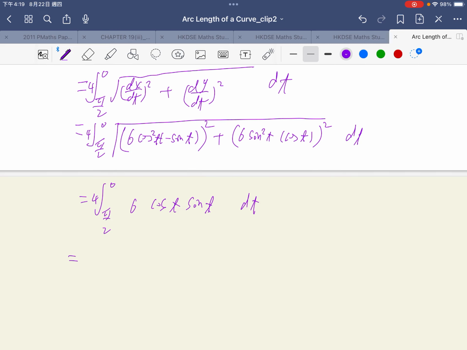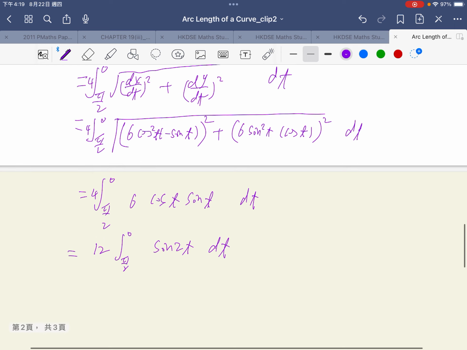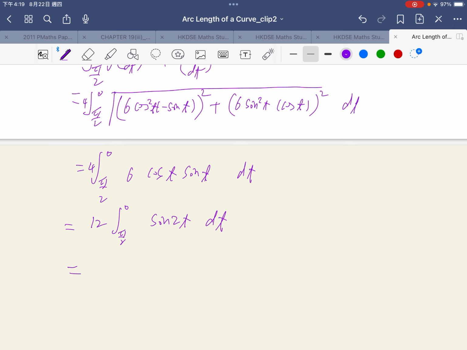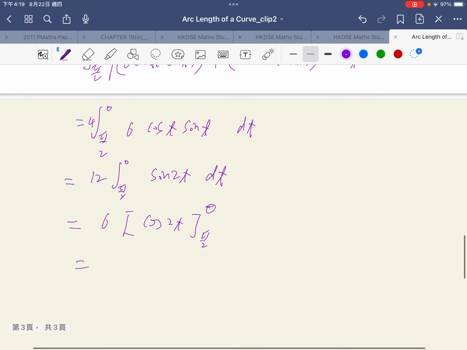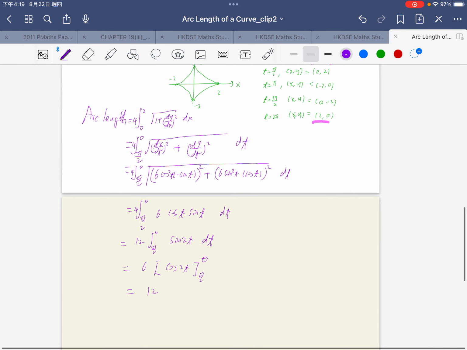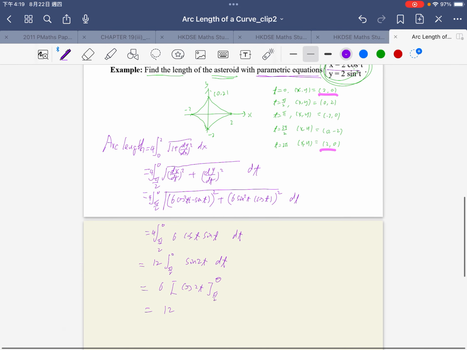And finally, this is 12 times the integral from pi over 2 to 0 of sine 2t, using the double angle formula, and integrate. This equals 6 cosine 2t from pi over 2 to 0, and this is equal to 12. This is the arc length for this astroid.